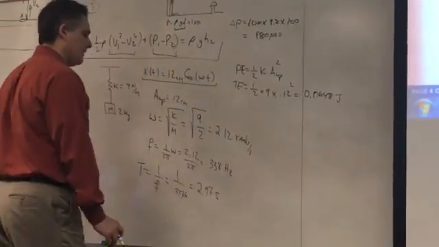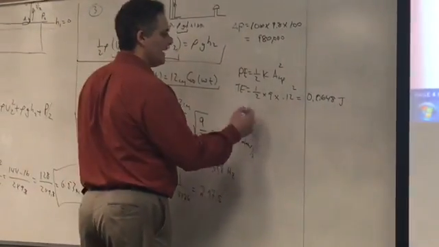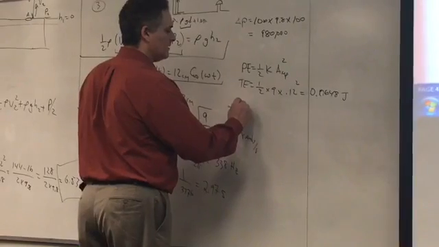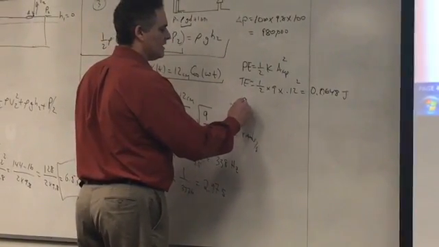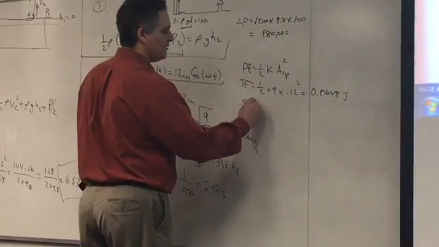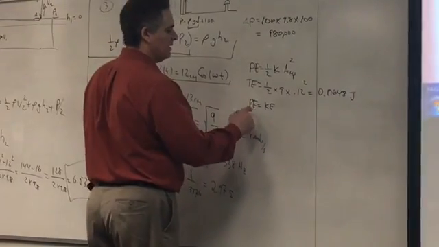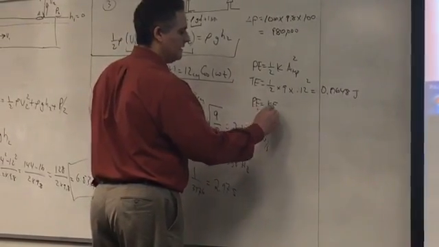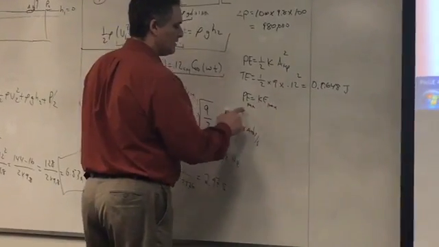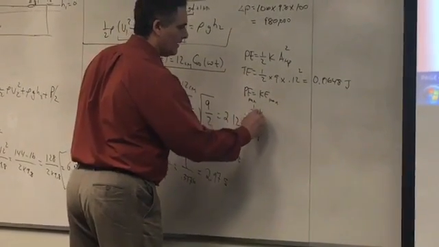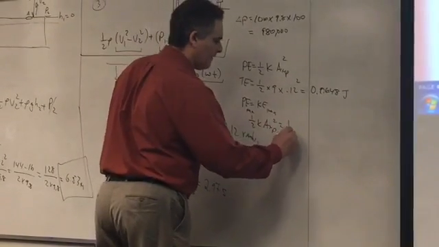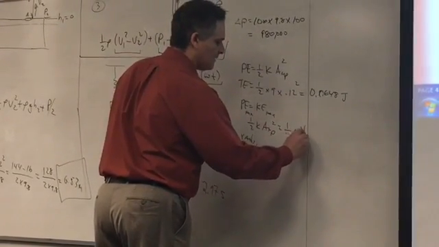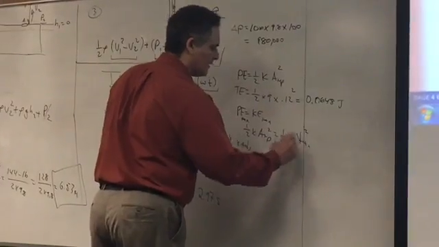And then if we want the maximum speed, we know that the maximum potential energy is going to equal the maximum kinetic energy. So this is my 1/2 K amplitude squared, equal to my 1/2 M V max squared.